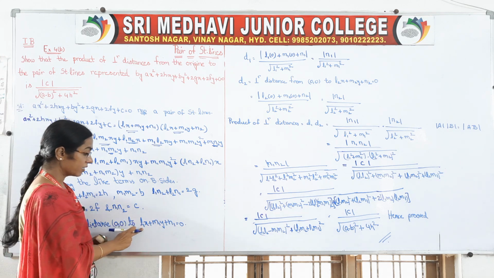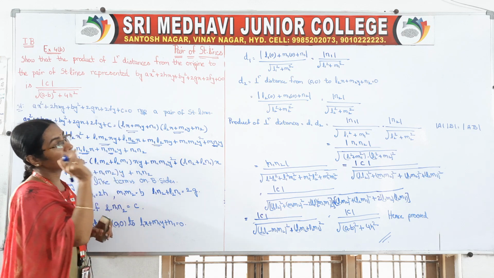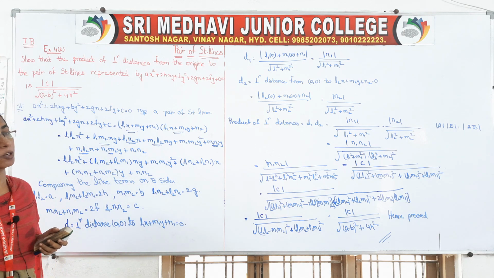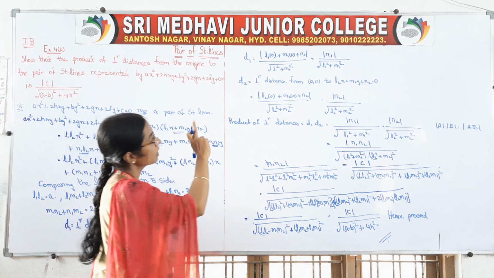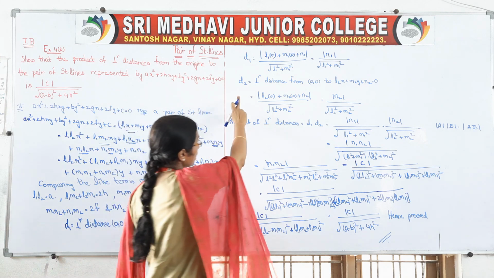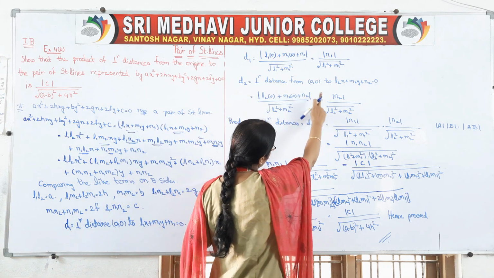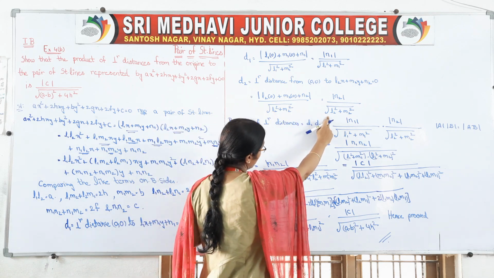Here your line is L1x plus M1y plus N1 is equal to 0 and the point is 0 comma 0. Okay, so just substitute, then you get your D1, then find out your D2. Right. So how will we find D2? Perpendicular distance from origin to second line. Same, applying the formula, you get your D2.